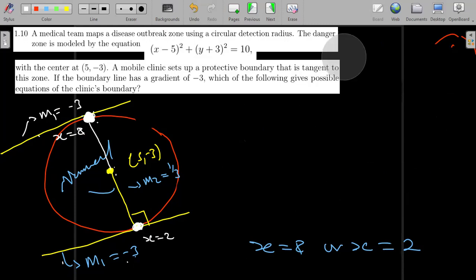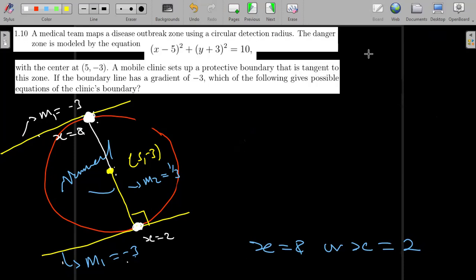We can use any of the equations, either the equation of the circle or the equation of the normal line that we had found. I'm not going to use the circle, because there we have squares. Let's use the equation of the normal line that we had found.